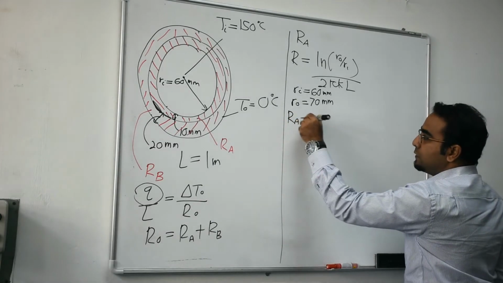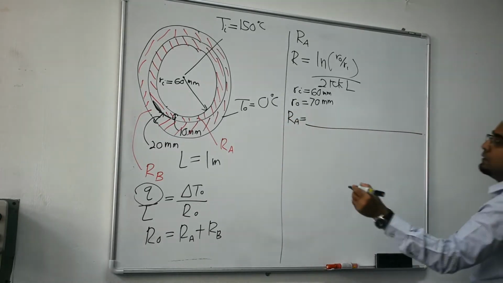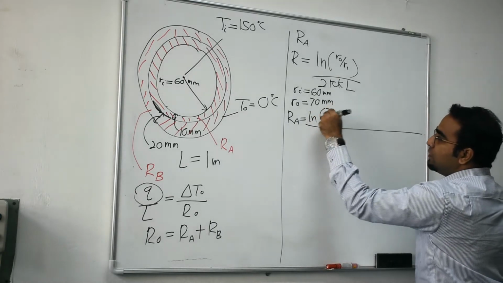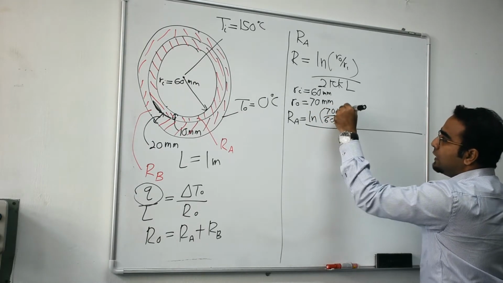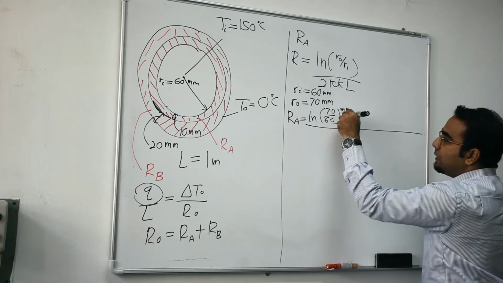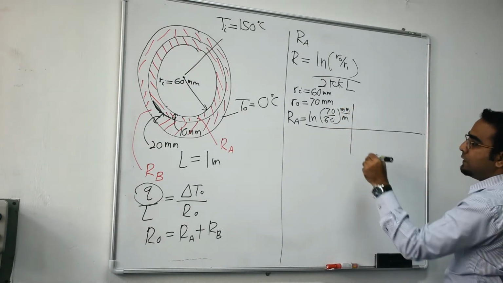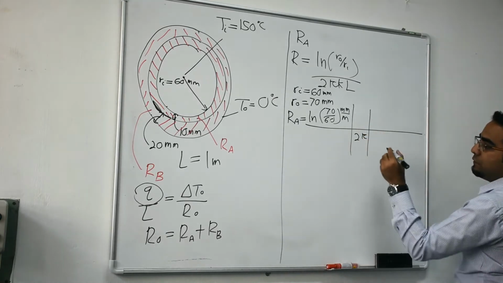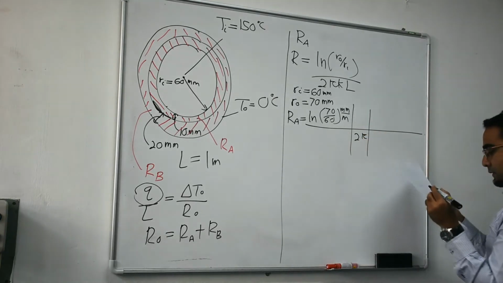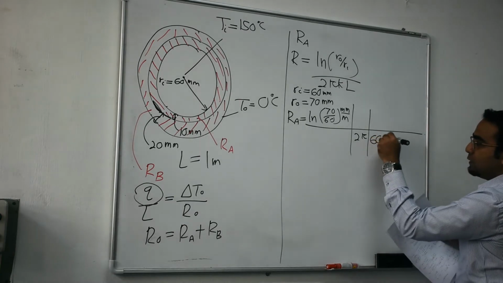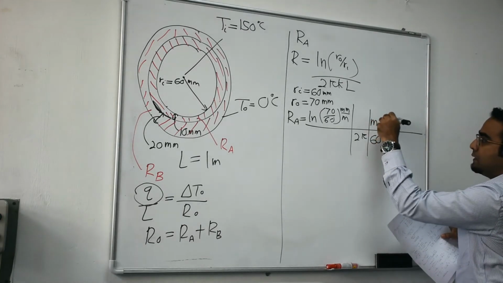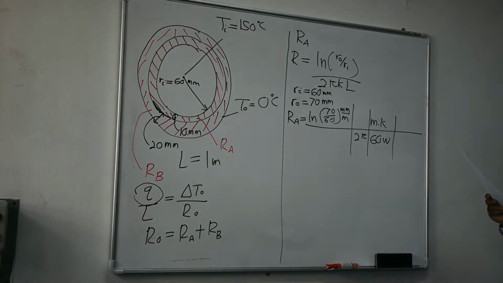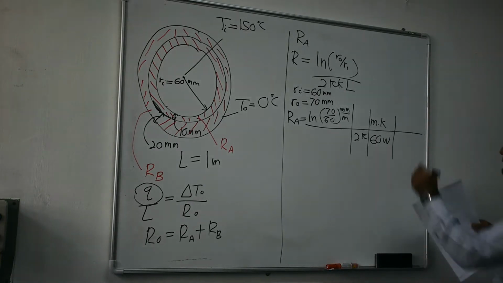Ra is equal to ln 70 over 60 mm over mm divided by 2 pi times the value of K, which is 60 watt per meter Kelvin, times the value of our length, which is 1 meter.